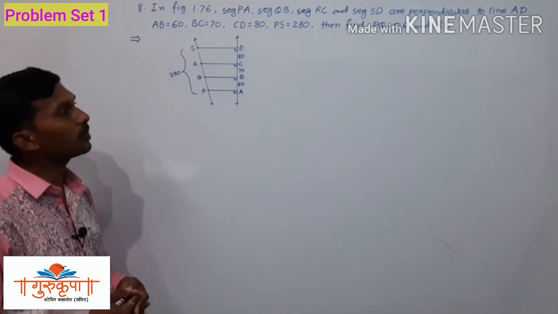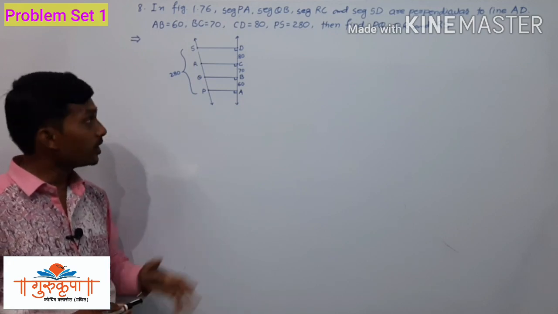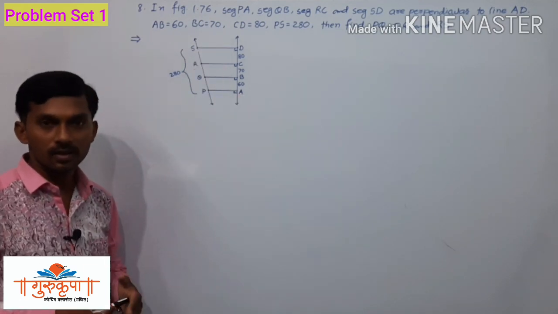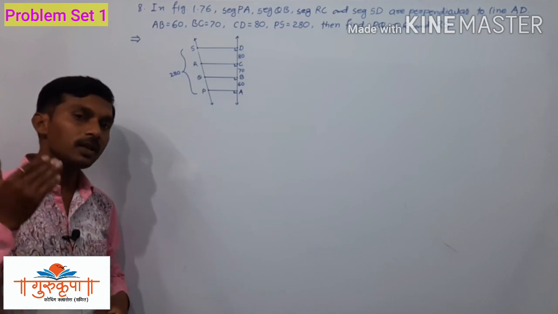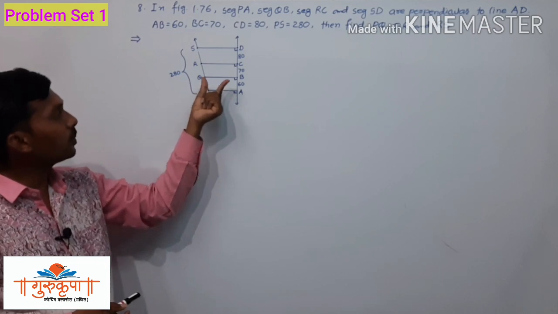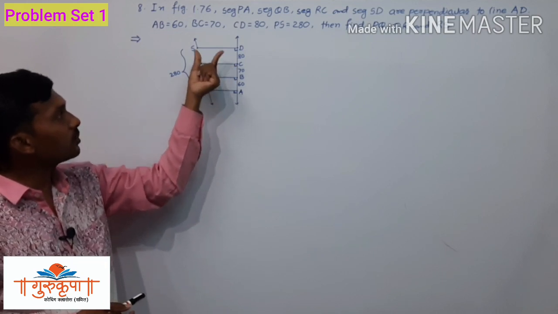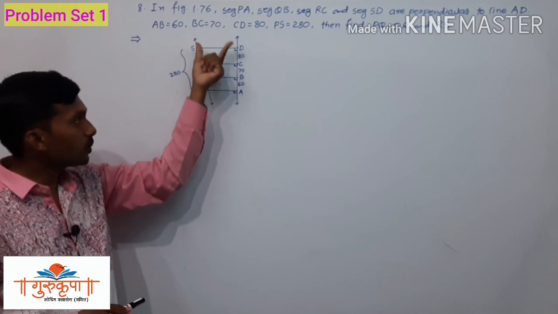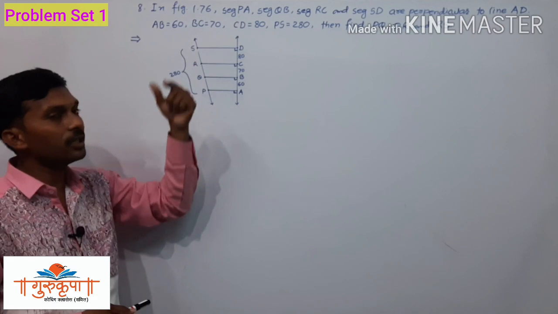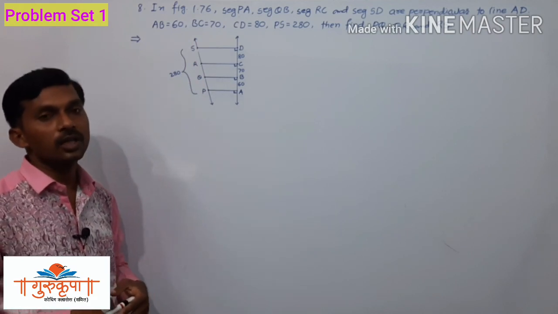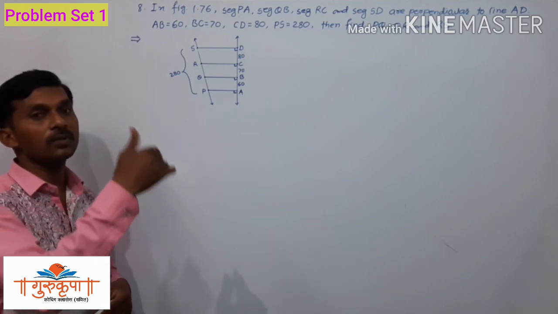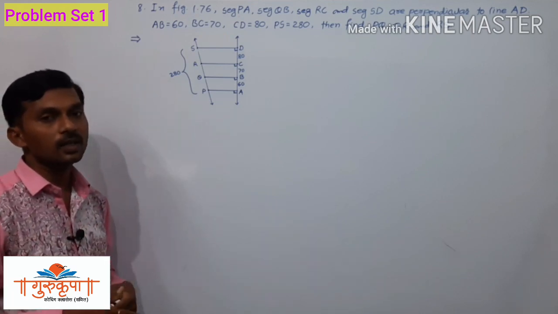The lines which are perpendicular to the same line are parallel to each other. It means that PA is parallel to QB, is parallel to RC, is parallel to SD. All these 4 lines are parallel to each other according to that property.